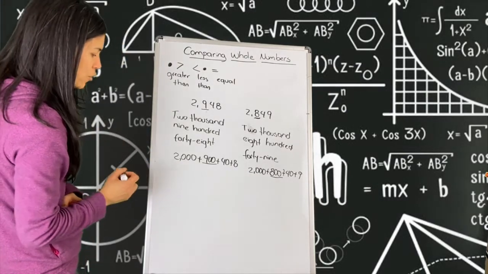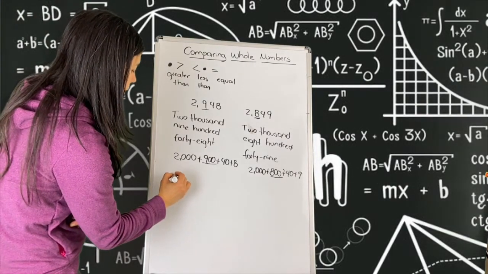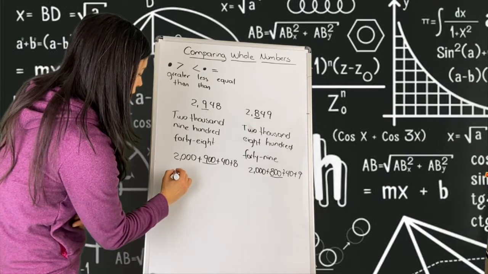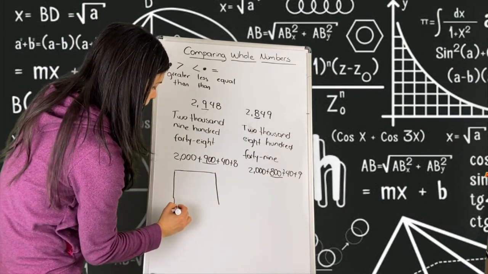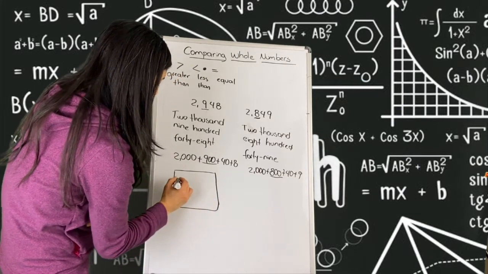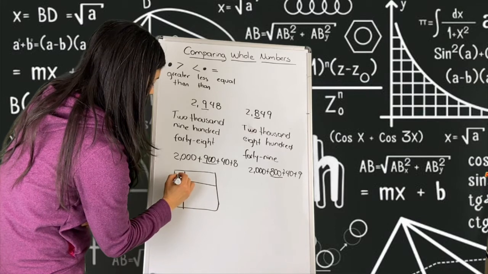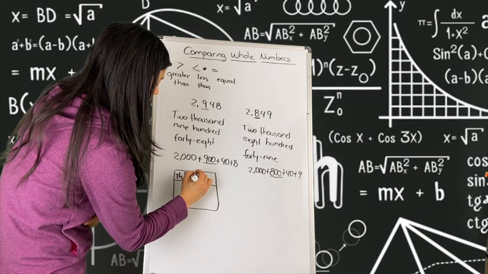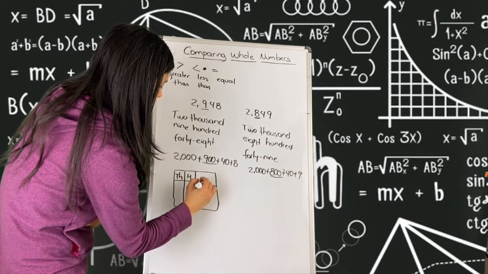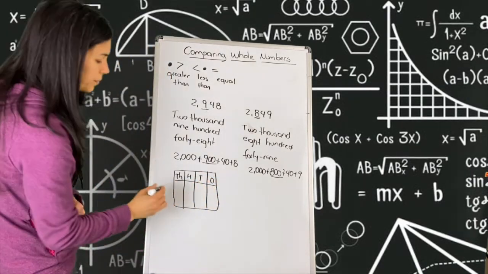And another way that you can do this is making a chart. You will have a chart in your worksheet today. So let's put the thousands here, the hundreds here, the tens here, and the ones in here.